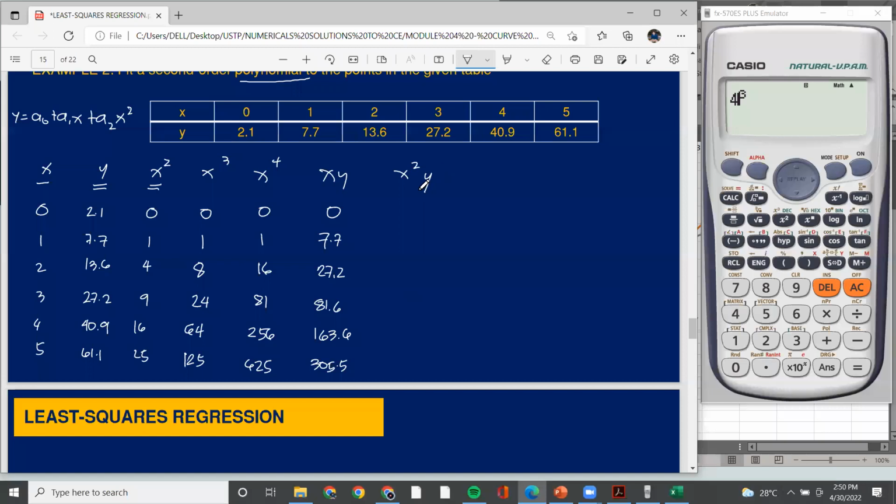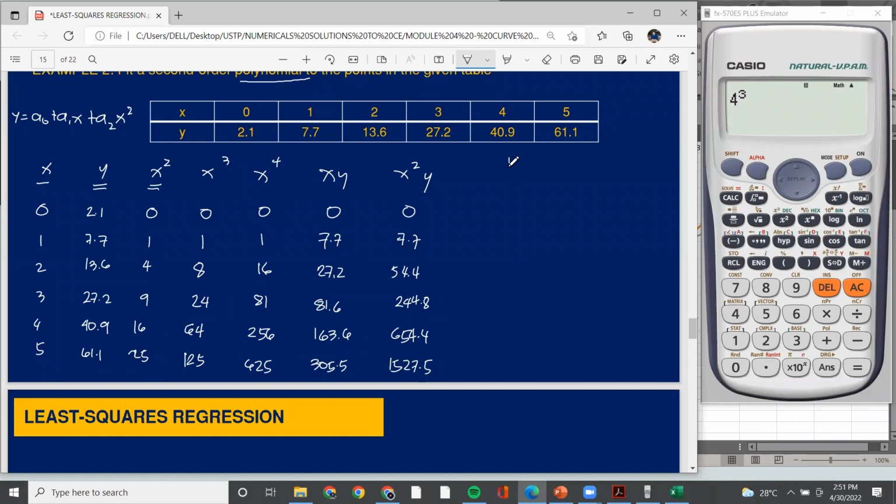Kani, x squared times y, pila? 0, 7.7, 4 times 13.6 is 54.4. 9 times 27.2 is 244.8. 16 times 40.9 is 654.4. 25 times 61.1 is 1527.5. Sakto? Yes, sir.